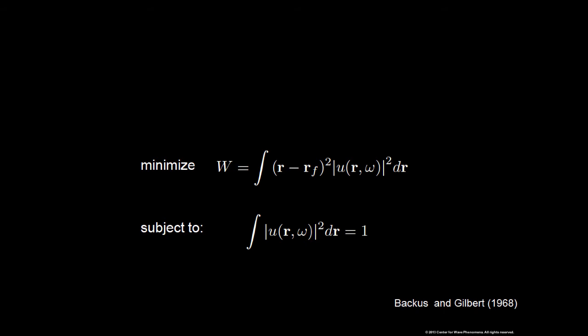So in such areas, R minus RF increases. So if you have energy there, W will be large. And by minimizing W, we effectively suppress the energy at locations that we don't want. The constraint on the second line is necessary because U equals 0 is a trivial solution for the minimization on the first line. And to avoid that trivial solution, I've included this constraint.